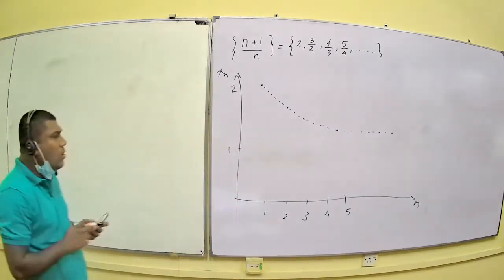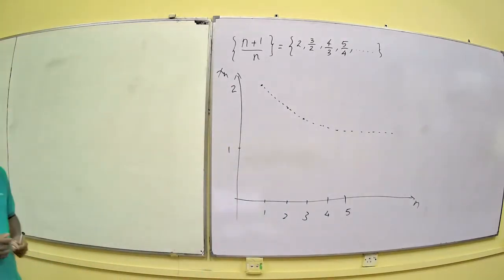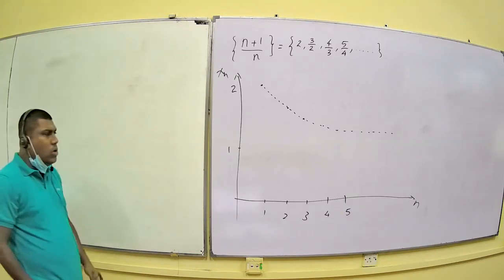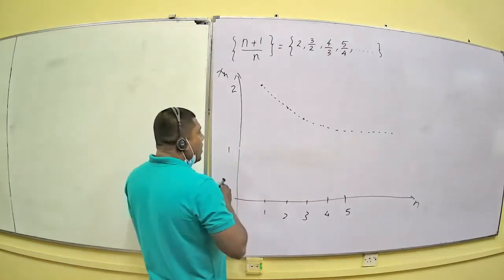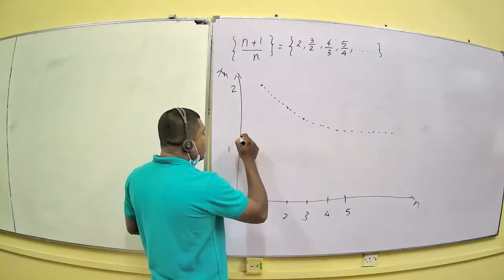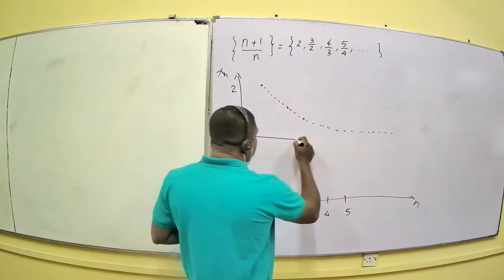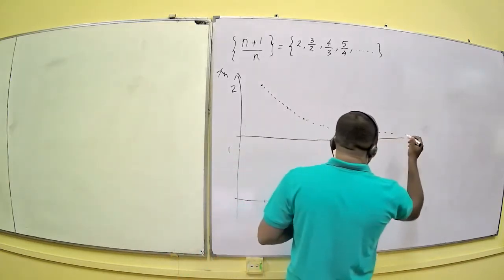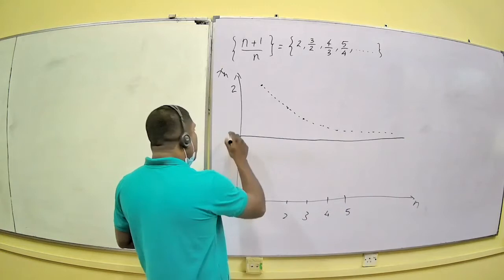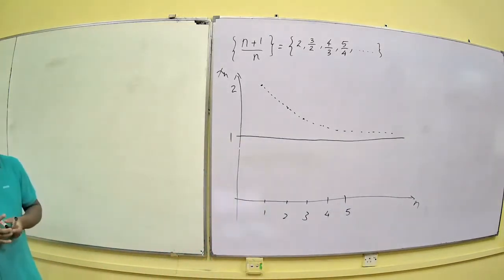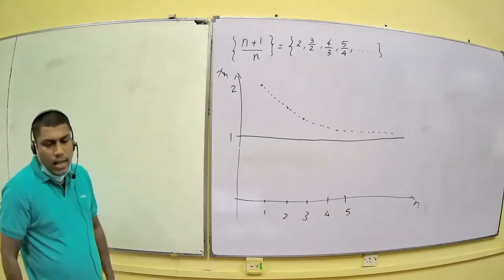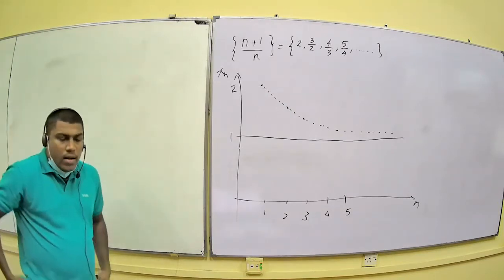You can see that when n goes to infinity, when it keeps on going, the sequence is going towards some value. In this example, it is going towards 1.